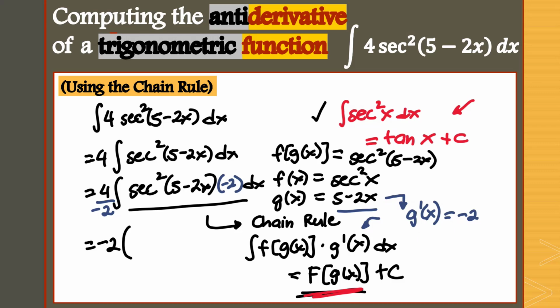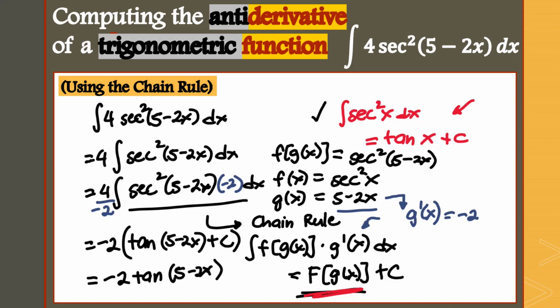So the result will be tangent x plus c, but our x is again a binomial expression. You have tangent of your angle 5 minus 2x before your plus c. Then you multiply the entire terms by the outside constant. So you have negative 2 tangent of 5 minus 2x.